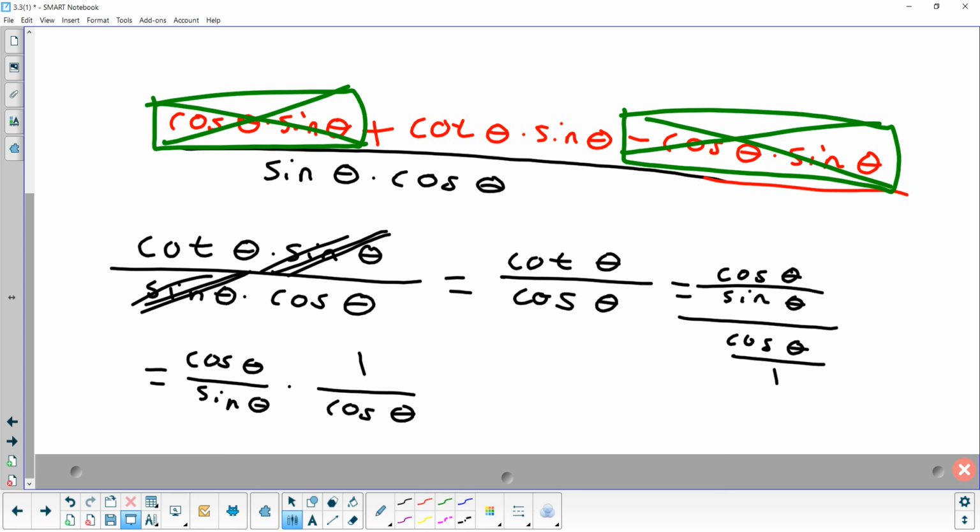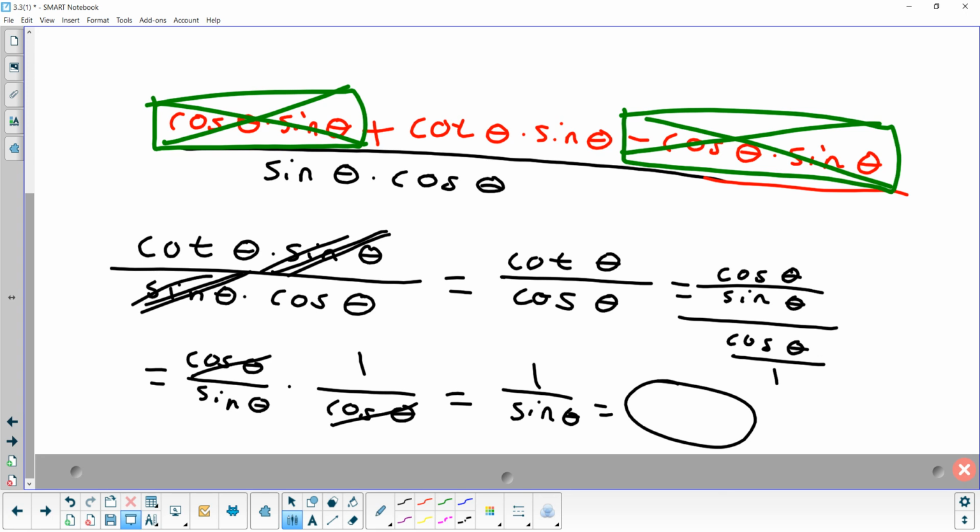Now what happens there? James? The cosines cancel. The cosines cancel. And what do I have now? 1 over sine, which is? What's 1 over sine?